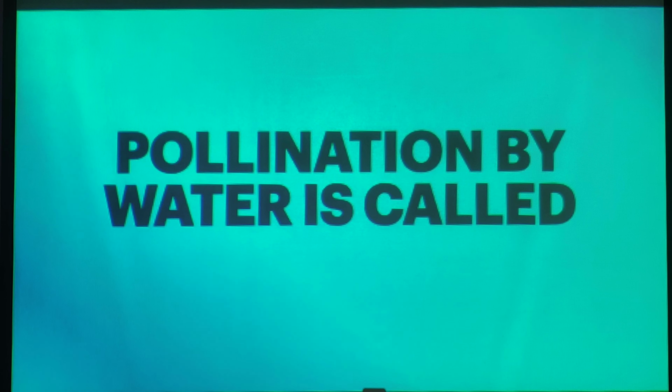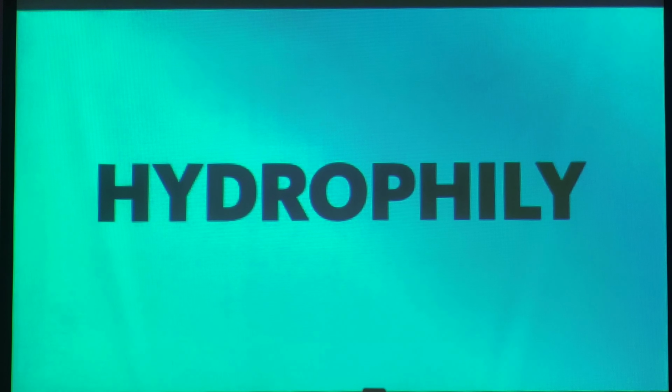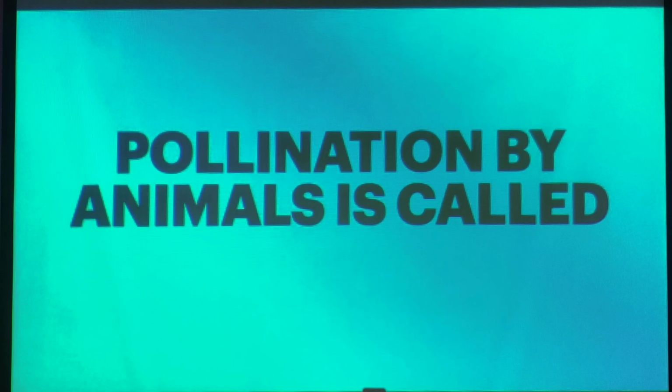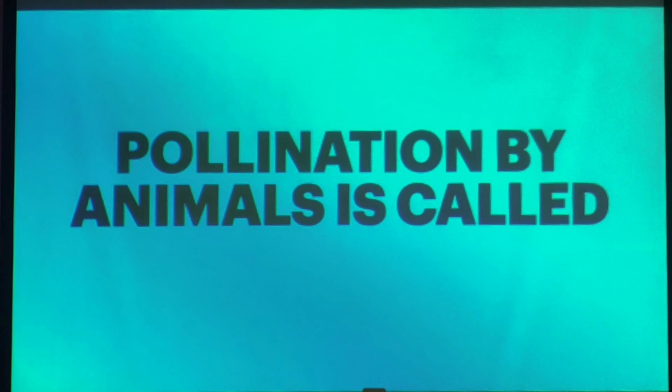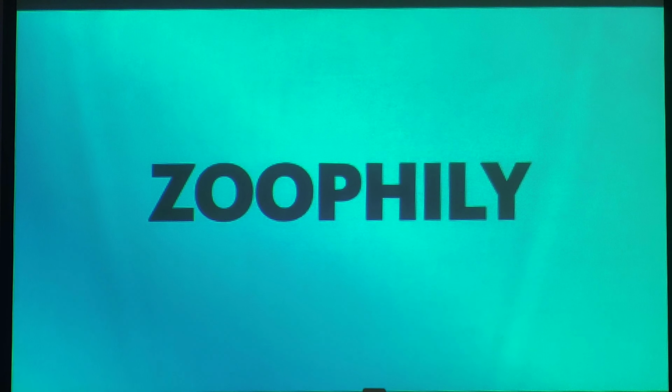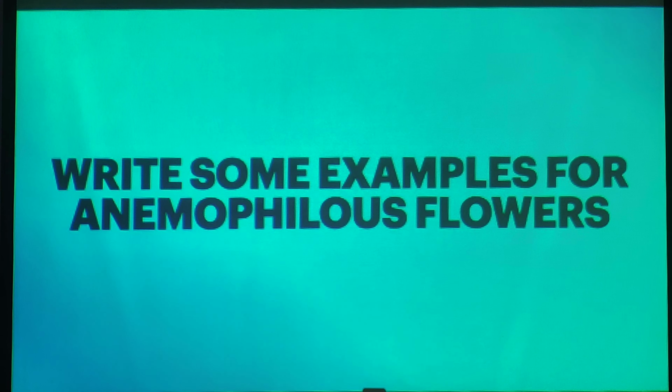Pollinated by wind is called anemophily. Pollination by water is called hydrophily. Pollination by animals is called zoophily. Write some examples for anemophilous flowers.